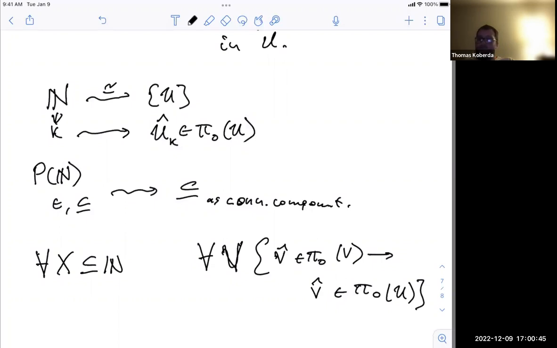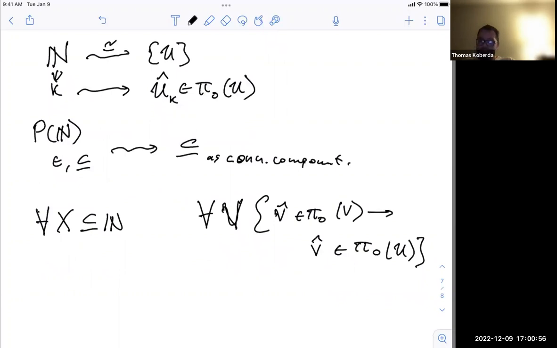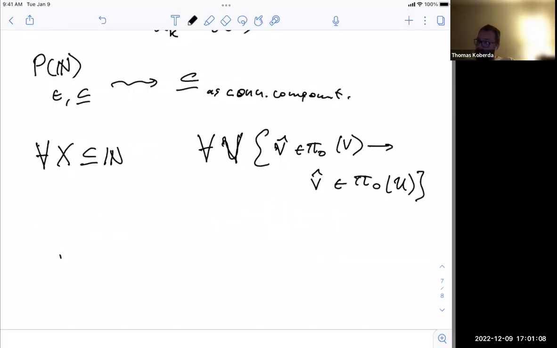So why did we look at regular open sets as opposed to just open sets? Well, the basic reason is that we use the Boolean operations a lot. In regular open sets you have intersection, you have the join, and you have the perp.